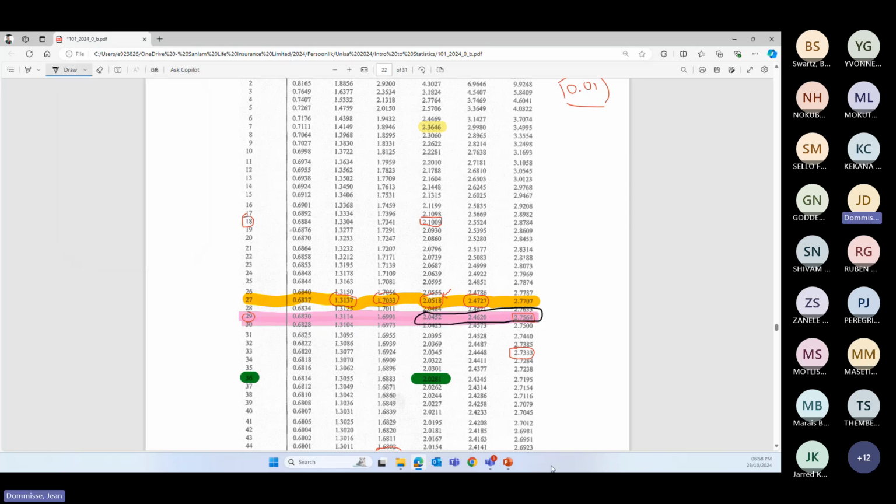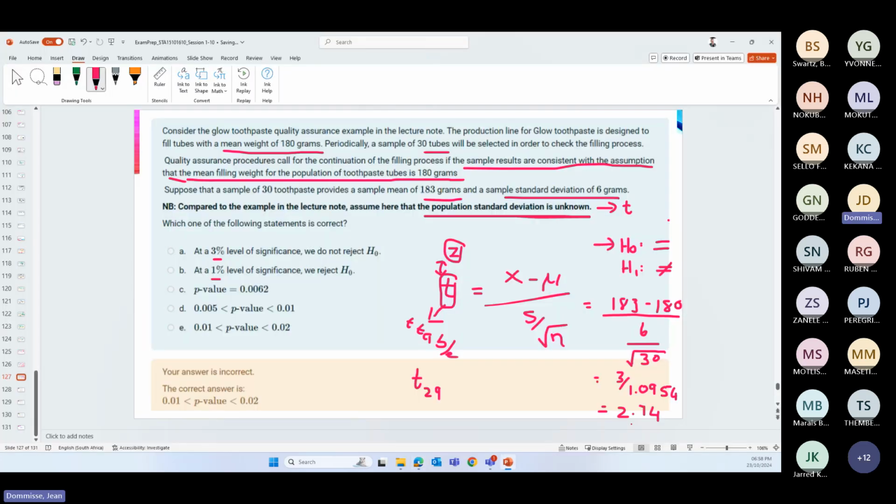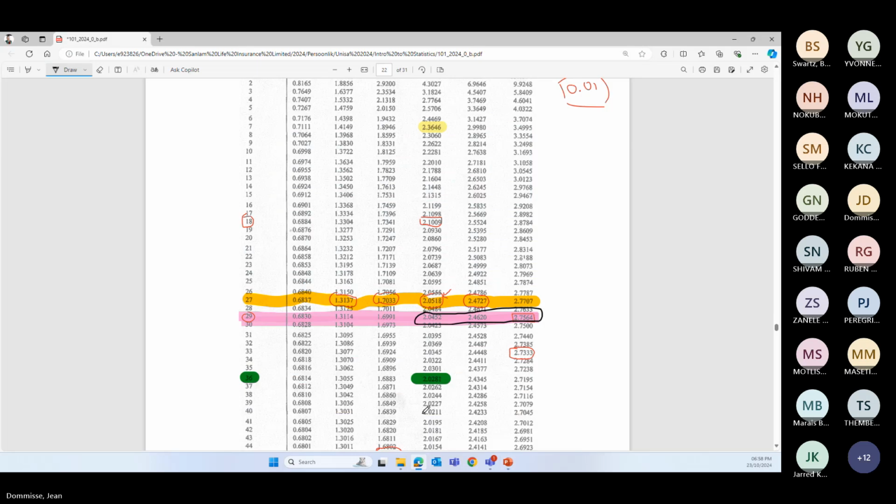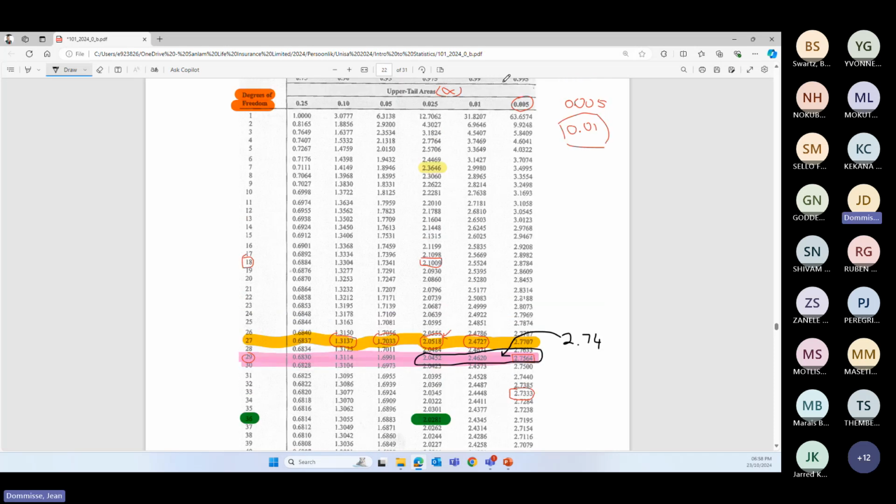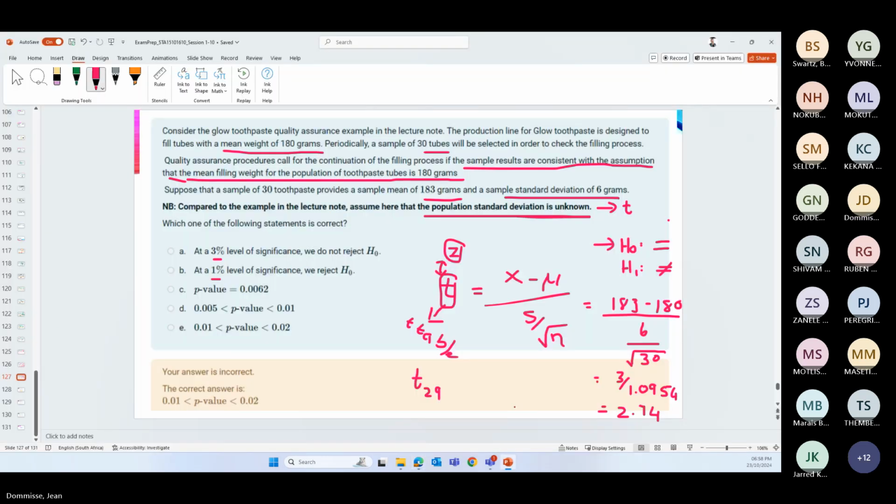Okay, so we got 2,74. You could see that 2,74 is between those two numbers, so between 0,1 and 0,005, so smaller than.